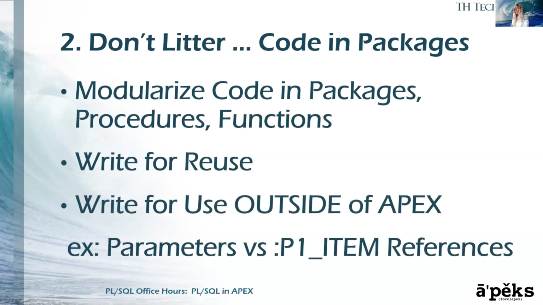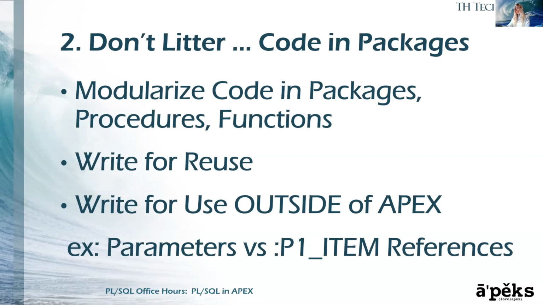So this is all the stuff I just said. As you're doing that, putting your code into procedures or functions, you need to use parameters instead of the direct references to your items. Again, that makes it easier for the next person to come along. It makes it reusable. It's sanity.